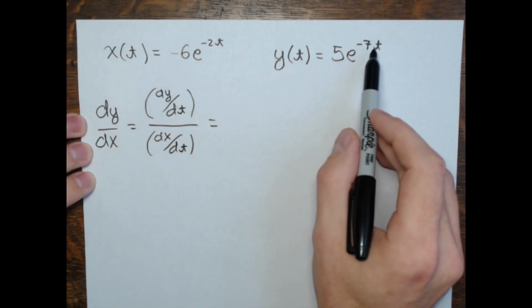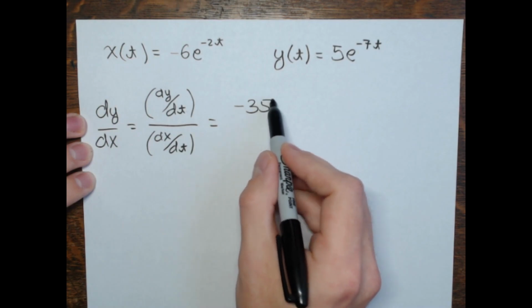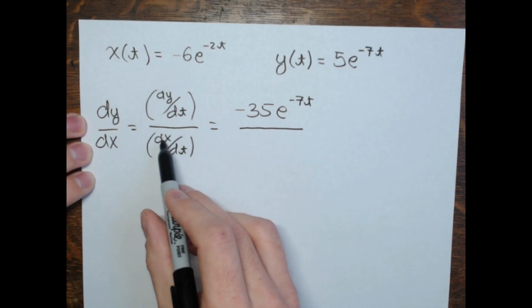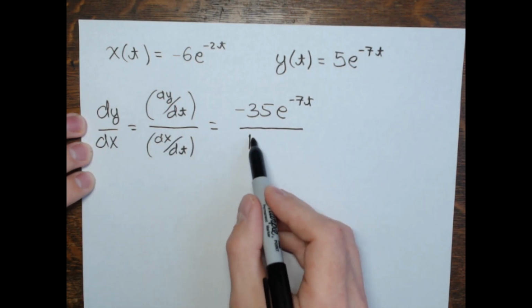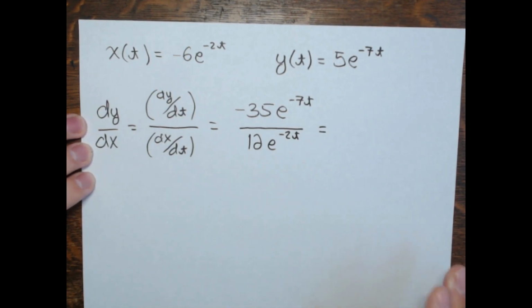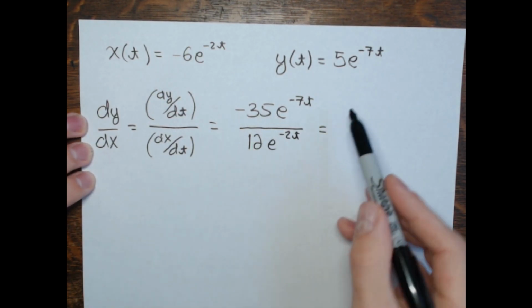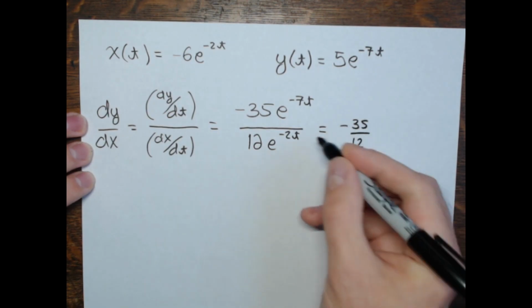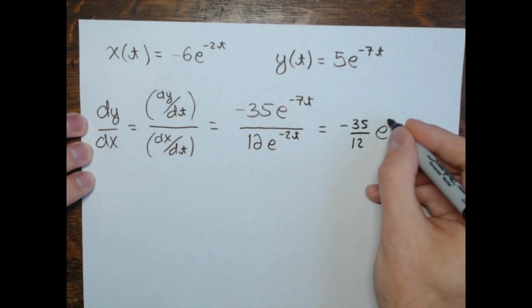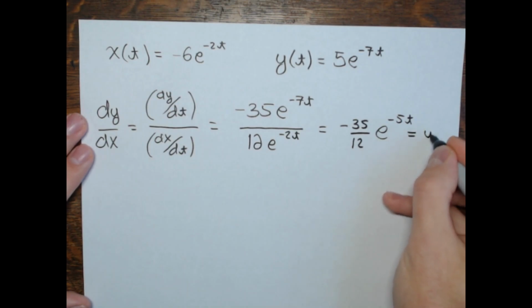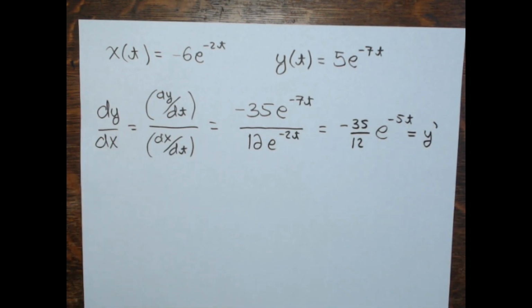So the derivative of y is negative 35 e to the negative 7t, divided by the derivative of x, which is 12 e to the negative 2t. These don't have any common factors, so this is negative 35 twelfths times e to the negative 5t. That's y prime, dy/dx, the first derivative.